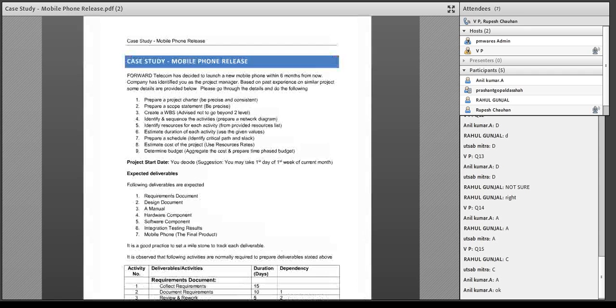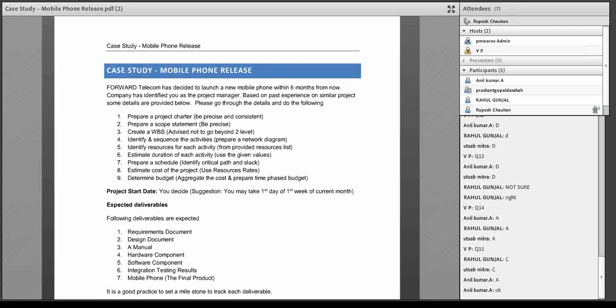Now we have some more questions here. You people have all gone through this case study. We have covered scope. We have covered the WBS. We have covered sequencing, identification of activities. We have covered resources for each activity.